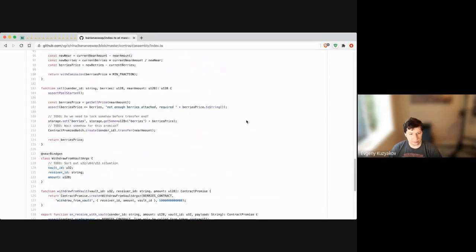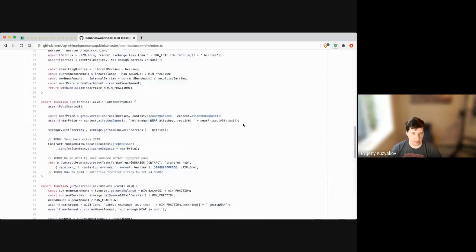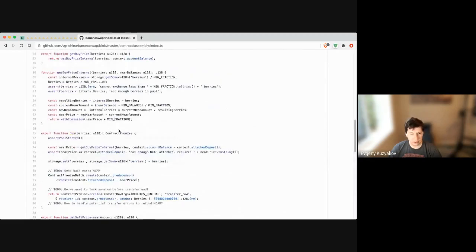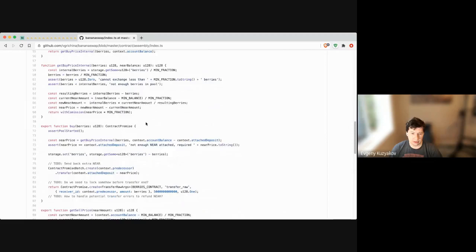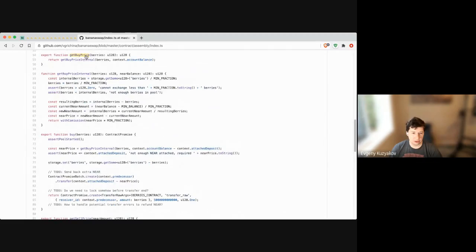So let's start with the method buy, and see how the buy price is calculated, because it's called get price internal.